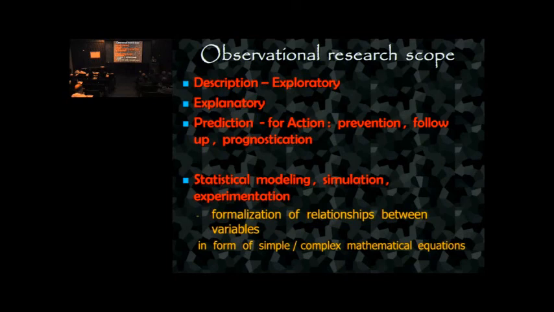The whole thing in artificial intelligence and modeling is that we are trying to formalize the relationships in the form of some mathematical equations. And these mathematical equations could be as simple as linear equations that we are well informed about, like a regression formula, or they could be very complex, that cannot easily be written on a sheet of paper.